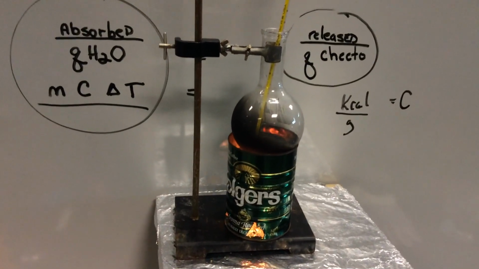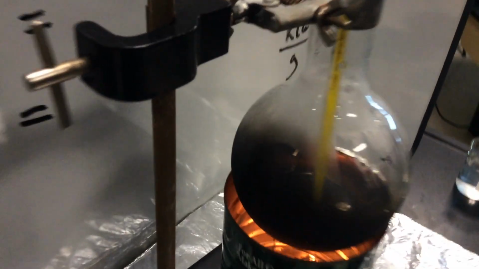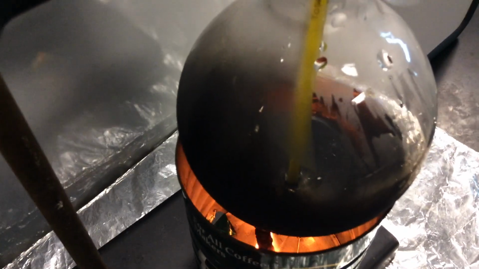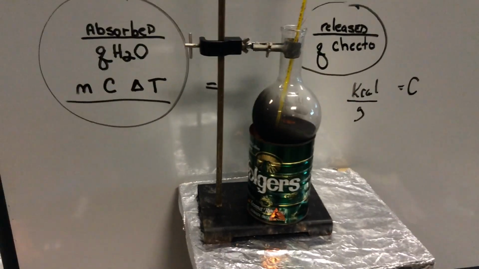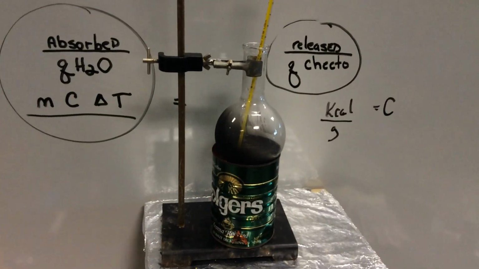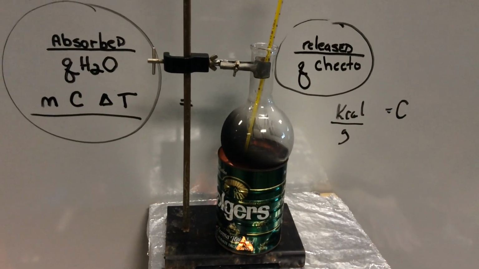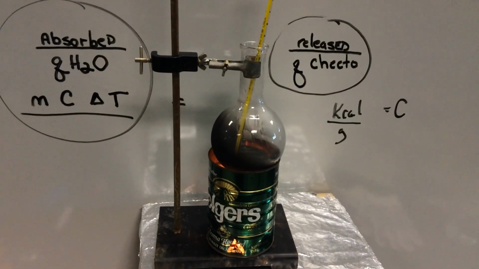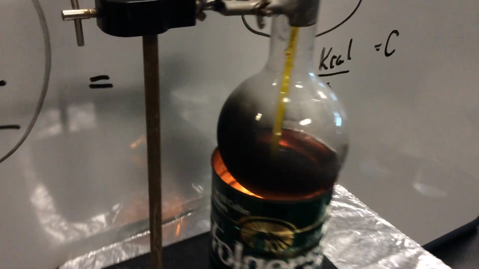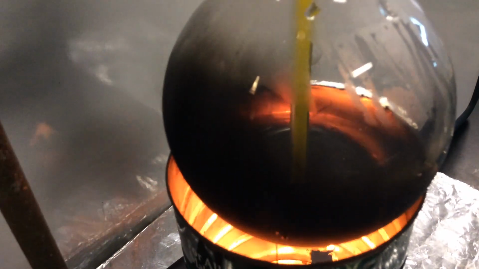Now we're assuming all the heat released by the burning of my Cheeto, you can see it's burning there, is being absorbed by my water, theoretically. Okay, and we're looking for the highest and warmest temperature of the water. Notice the black soot developing as a result of the incomplete combustion, meaning not all the carbon burned became CO2. There wasn't quite enough oxygen to make that happen.